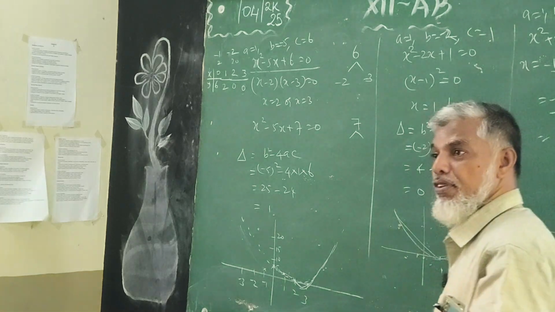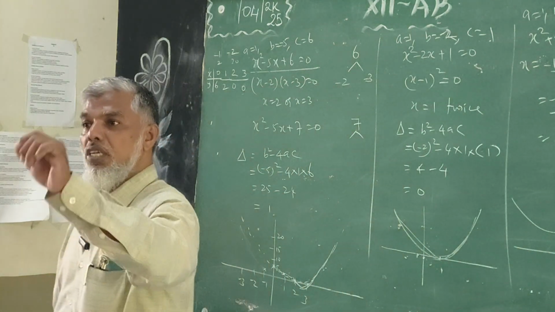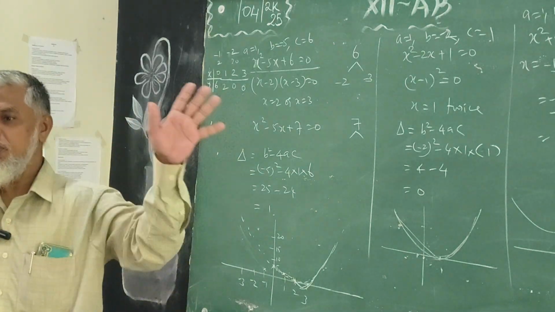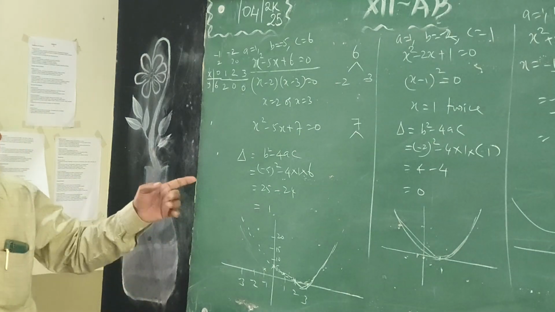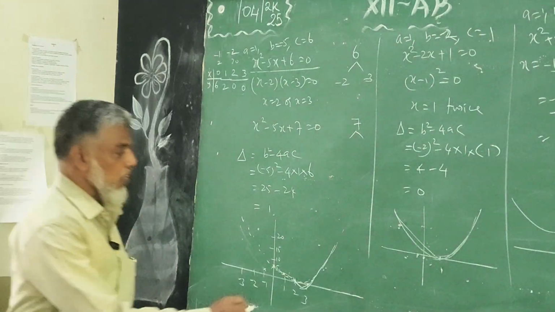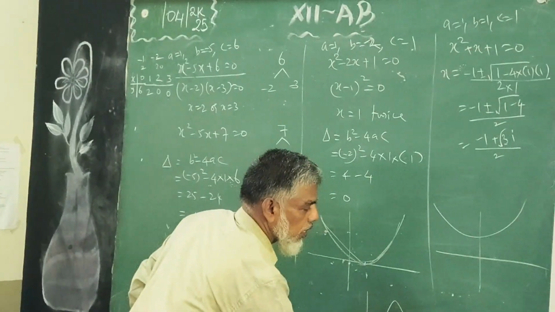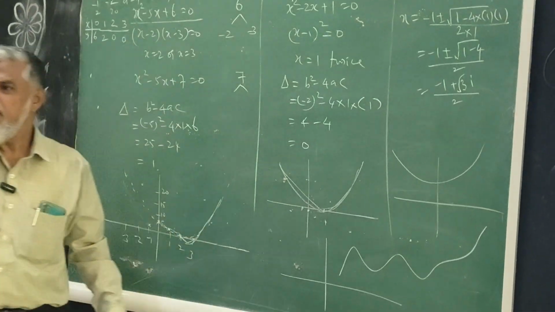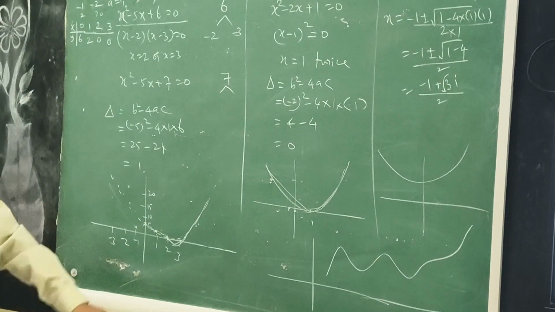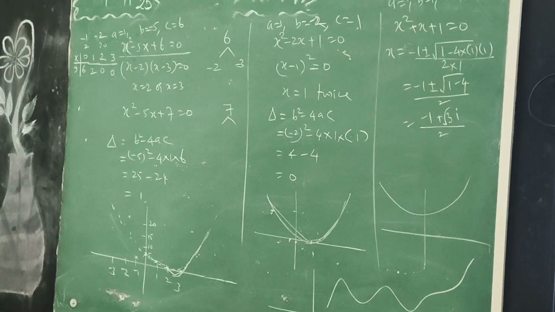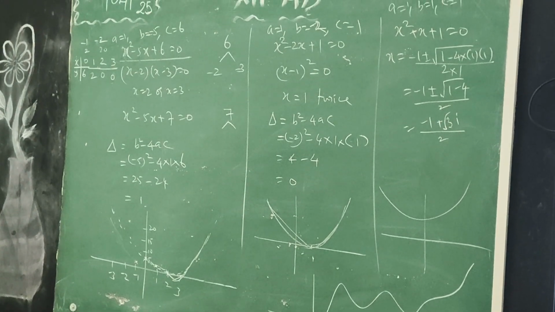So by looking at the graph, we can tell whether this quadratic equation has a root or not. Now I will draw one more figure. What is the root of this equation? Root means it should cross the x-axis.